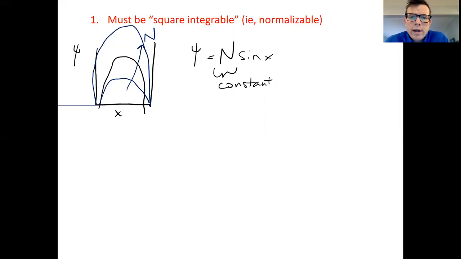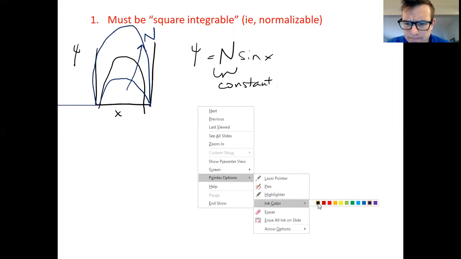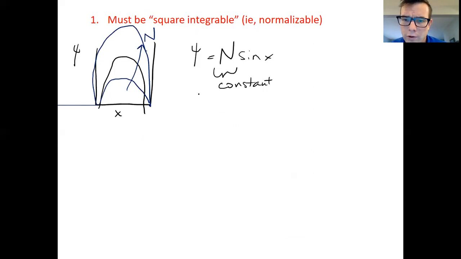Well, I know that the square of the wave function is related to probability. So again, if I were to plot the square of the wave function, or really the square modulus, this is now psi squared versus x.